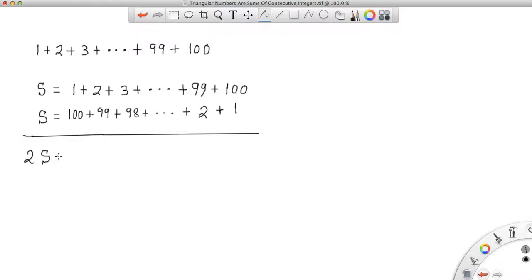But let's see what happens on the right hand side of the equation. Here, adding vertically, 1 plus 100 is 101. Now how much is 2 plus 99? That's again 101, right? And how much is 3 plus 98? That is again 101.